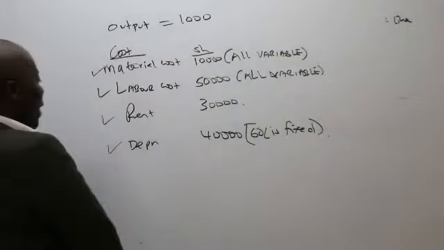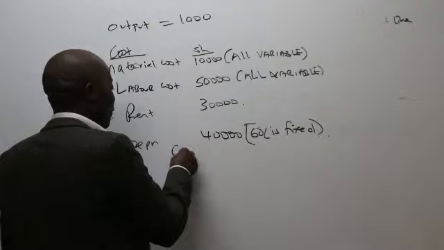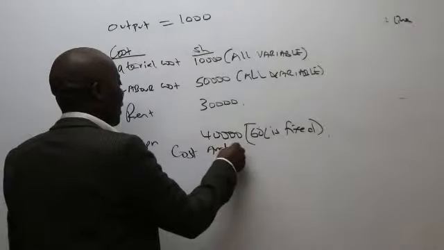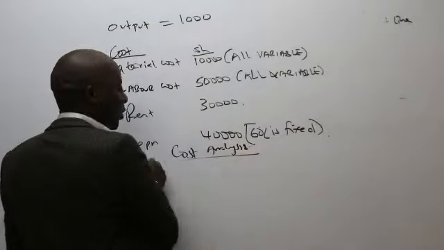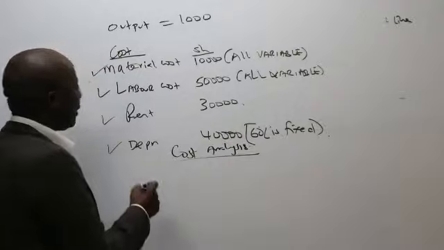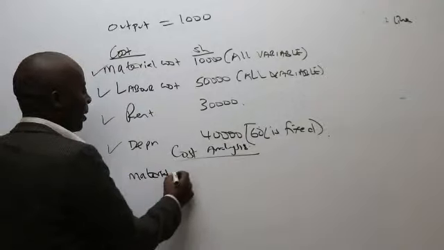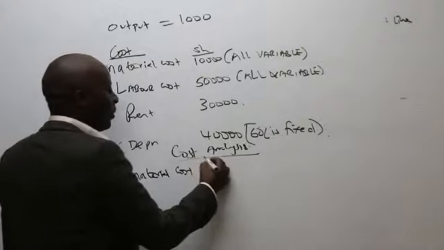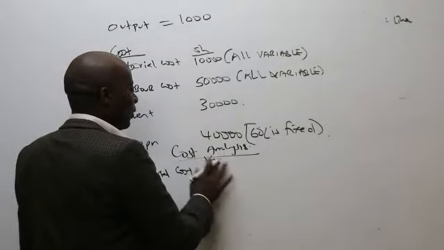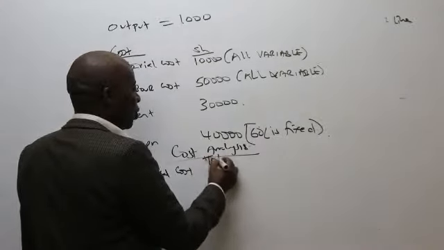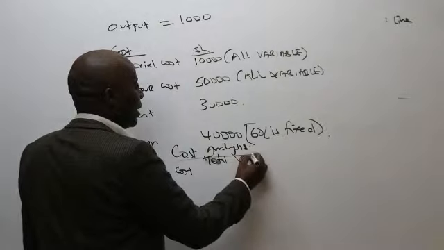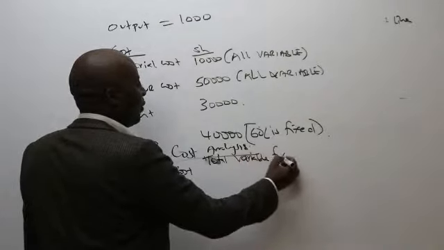I will come here and do a cost analysis. I have my cost items, I'll have my materials written very well here. Then I'll have columns: we start with the total, then variable, then fixed.